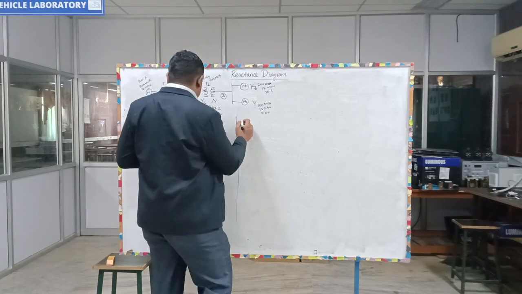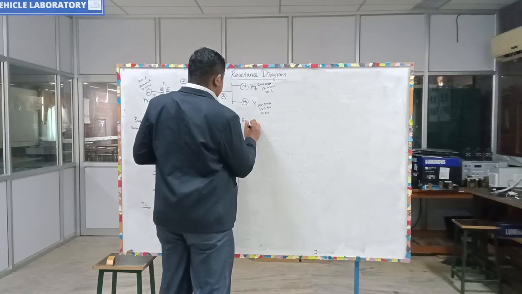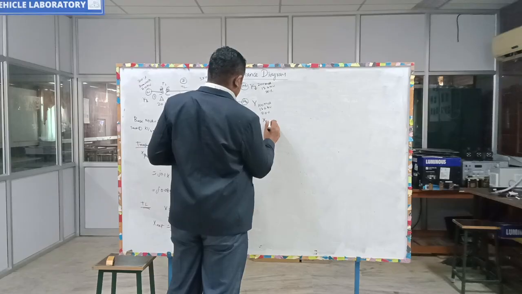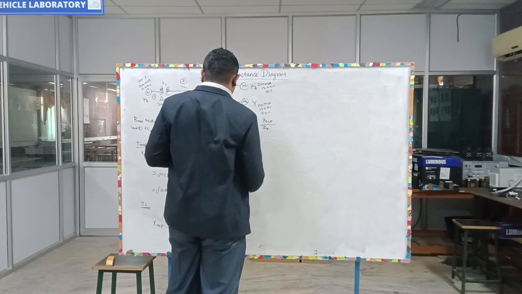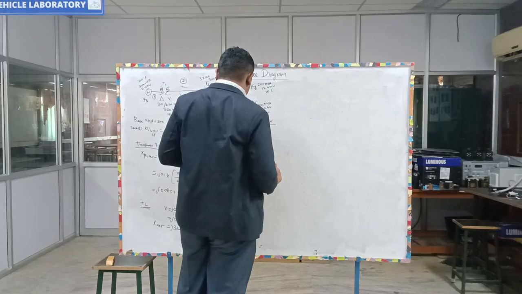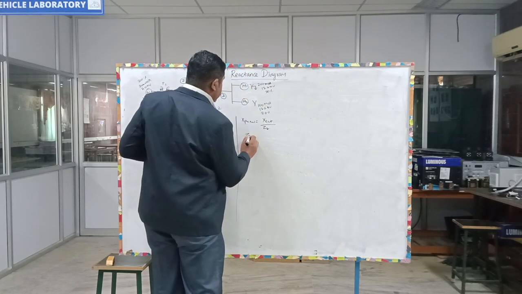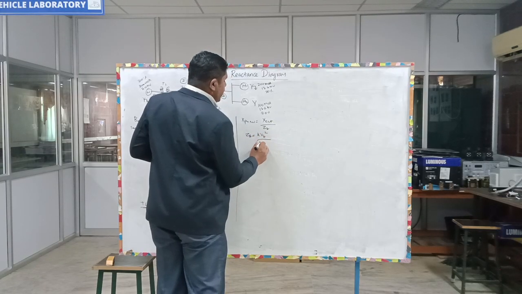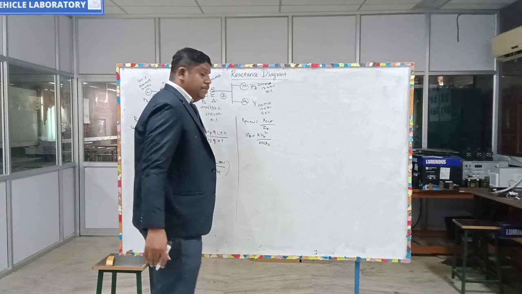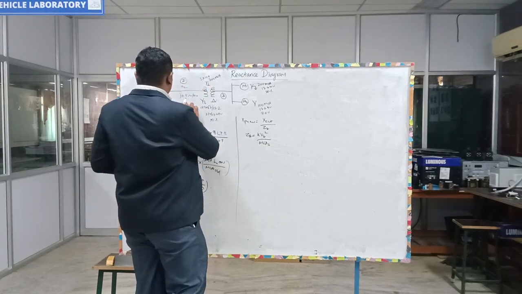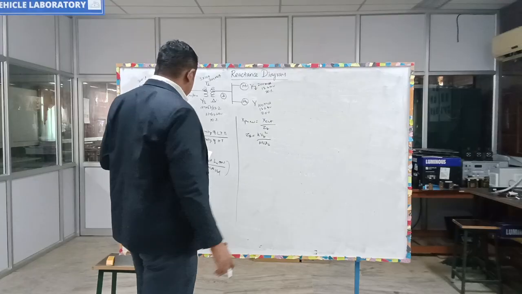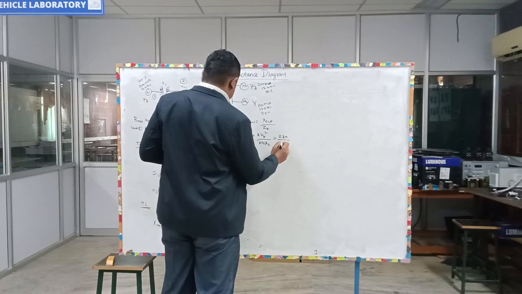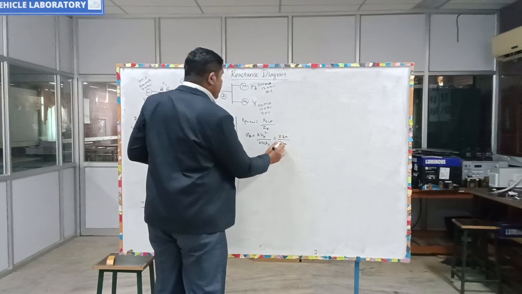What's the formula for per unit? X per unit new is equal to actual by Z base. So what is Z base? Z base is given by kV base squared by MVA base. kV base squared for the HT side of transformer T2 is 230 squared by MVA base 300.